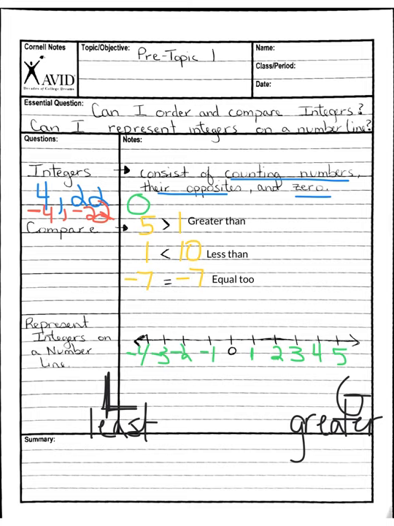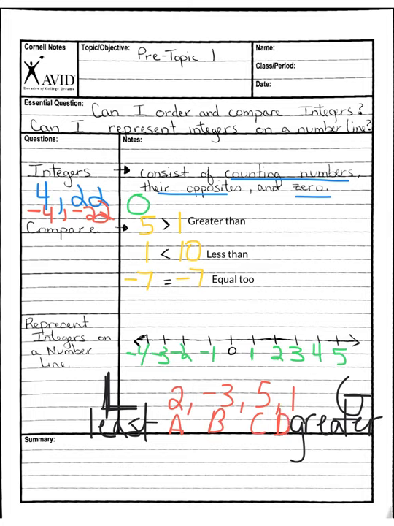Let's go ahead and I want to place a couple numbers on my number line. If I gave you the number 2 and the number -3 and the number 5 and the number 1, let's go ahead and just label these as A, B, C, and D. Would you be able to place those on my number line?